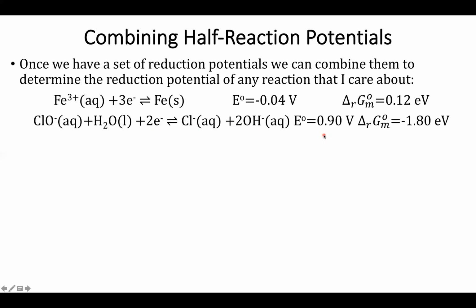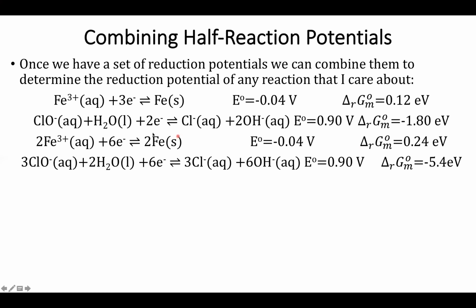This has a standard state potential of 0.9 volts, which, since it's transferring 2 electrons, corresponds to negative 1.8 eV. And again, remembering that a positive potential indicates favorability, while a negative Gibbs free energy also indicates favorability. And then again, we're just accounting for the number of electrons per mole of reaction.